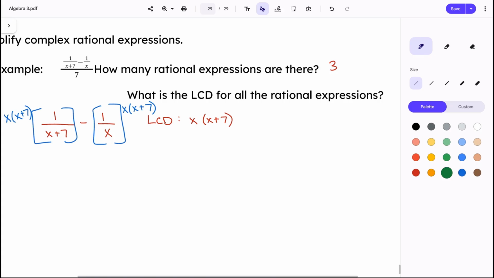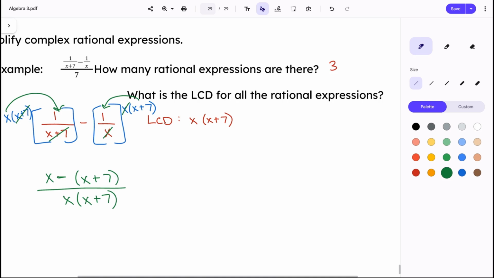All right, on the first fraction, the x plus 7's are going to simplify, and I'm going to take x times 1, so that just becomes x. Then I bring down my minus sign. Over on the second fraction, my x's are gone, and I'm taking this 1 times the x plus 7, which is just going to be x plus 7. But I'm putting it in parentheses because that minus sign is going to affect all the pieces that are in that parentheses there. And then my LCD on the bottom is just x times x plus 7.